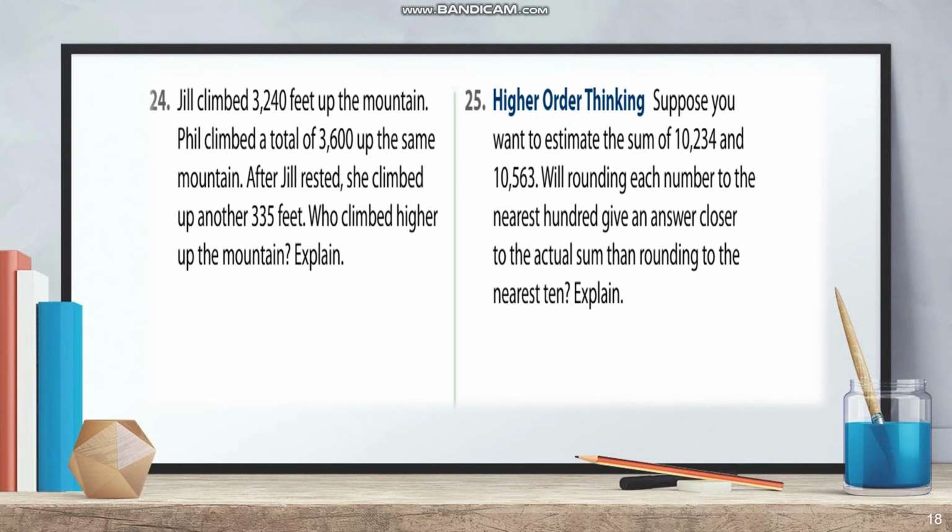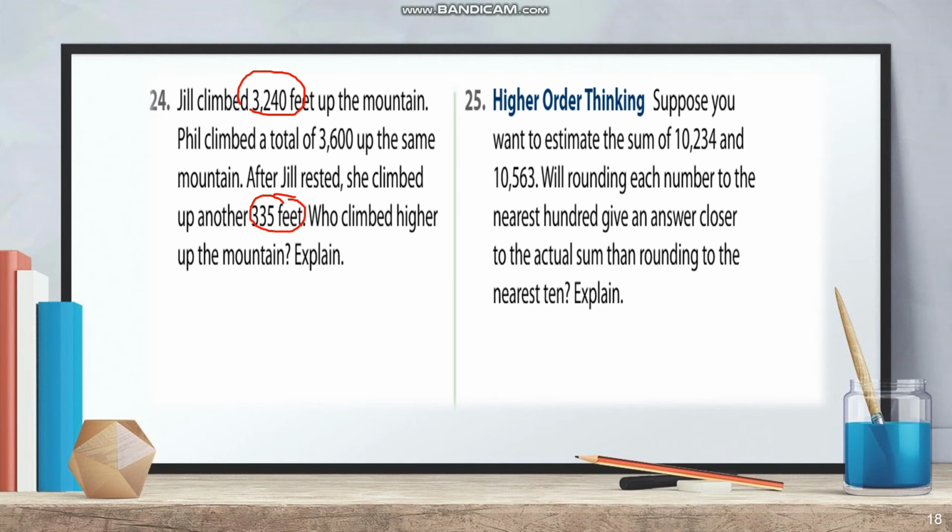Next, number 24. Bill climbed 3,240 feet up the mountain. Phil climbed a total of 3,600 up the same mountain. After Jill rested, she climbed up another 335 feet. Who climbed higher up the mountain? So Jill climbed 3,240 feet, and after she rested, another 335 feet. Phil climbed 3,600.